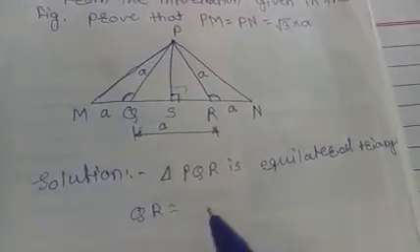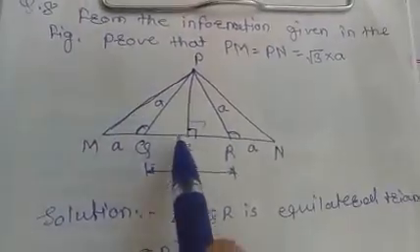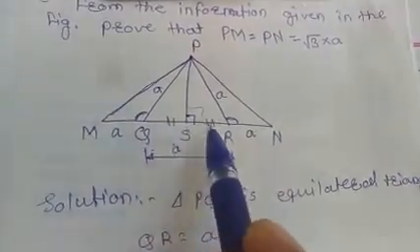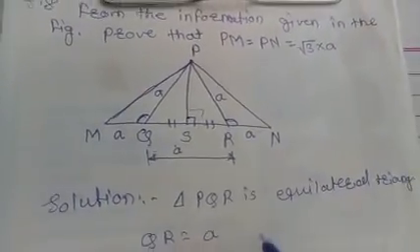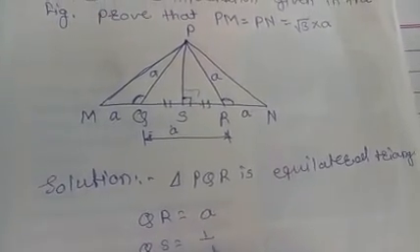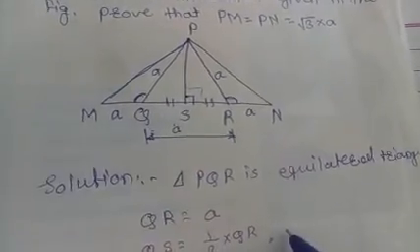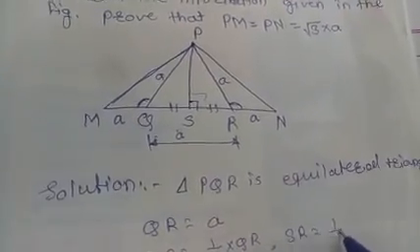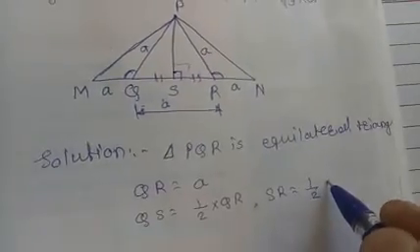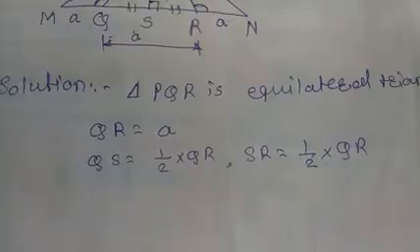QR is equal to A, but QR has two equal segments, QS and SR. So we can write QS is equal to half of QR, and SR is also equal to half of QR. This means we get the values of QS and SR.